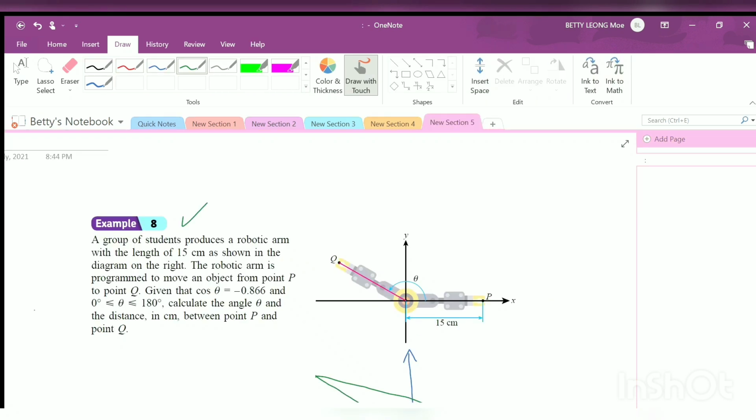Okay, let's see example 8. A group of students produces a robotic arm. This is the robotic arm, with the length of 15.